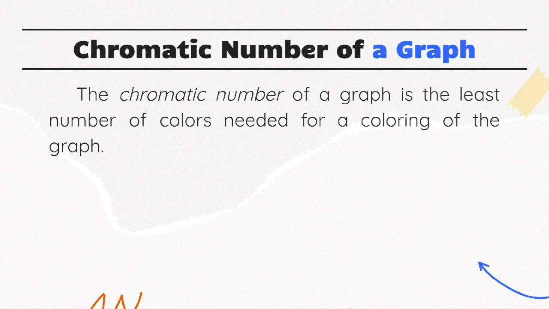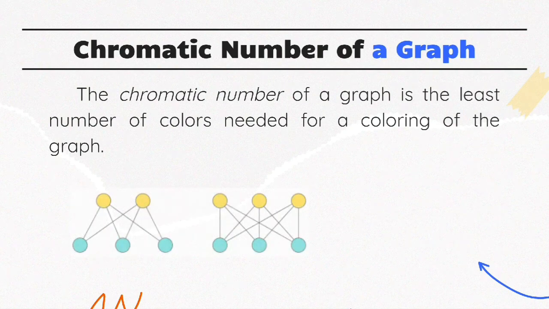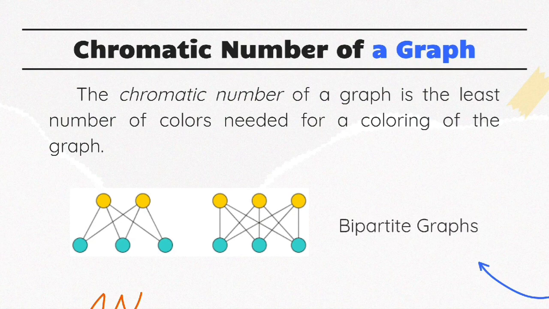Okay? So let's take a look at this example. We have these bipartite graphs. When we say bipartite graphs, class, these are sets of graph vertices decomposed into two disjoint sets, such that no two graph vertices within the same set are adjacent. As you can see, this graph is composed of two disjoint sets, this first set and this second set.